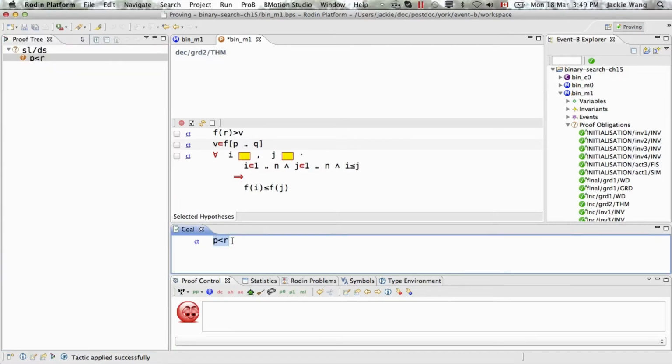Now, because the thing we want to prove is P less than R, let's reformulate this relationship a little bit differently, but equivalently, which is R is greater than P. And if you look at the expression here, whenever you see an implication in this form, you should think about using the rule of modus tollens.